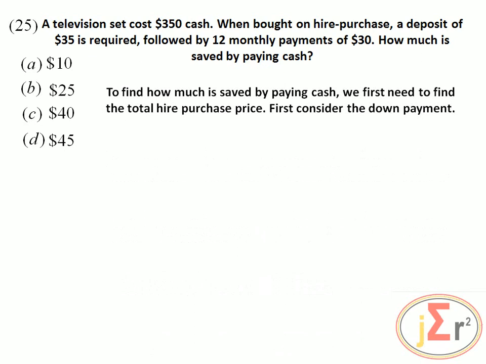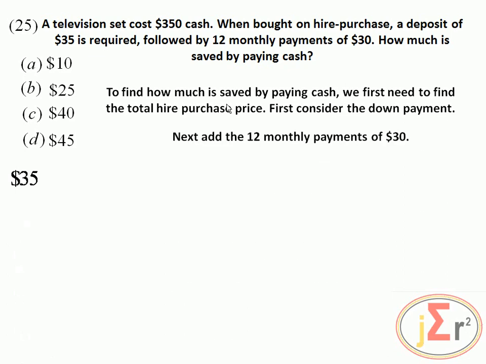To find how much is saved by paying cash, we first need to find the total hire purchase price and compare that with the cash price. First, we consider the down payment.